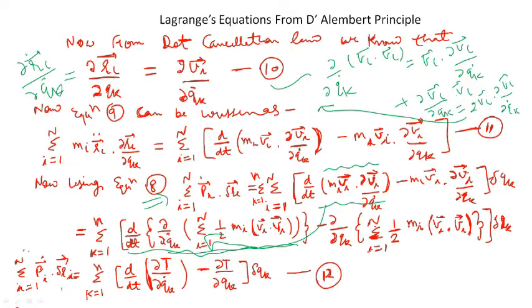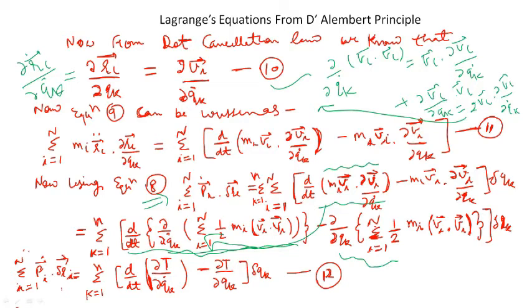Similarly, for this term, mi vi dot ∂vi/∂qk, you can write it as ∂/∂qk of sigma i from 1 to capital N, 1/2 mi vi dot vi, into δqk.